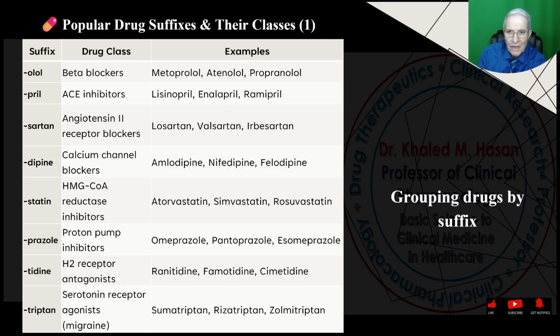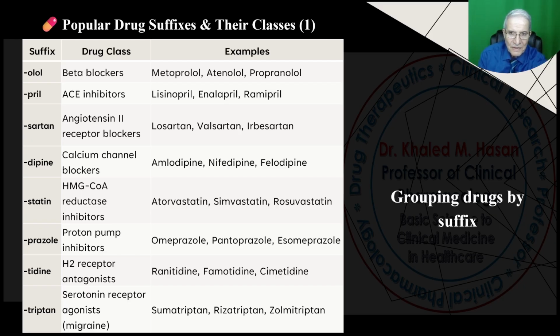Then we have -pril, which belongs to the ACE inhibitors. Examples of ACE inhibitors are lisinopril, enalapril, and ramipril. So we have a group of medications ending with -pril, and this helps us understand and remember that these medications belong to the ACE inhibitors.